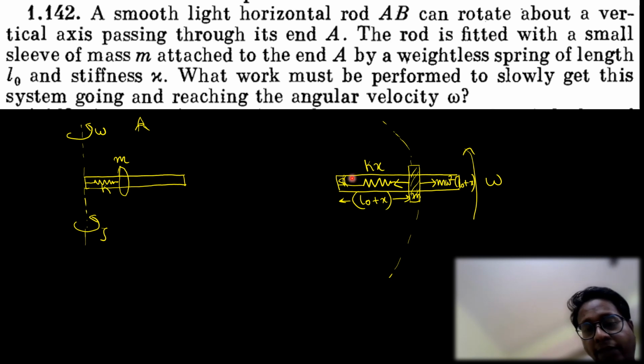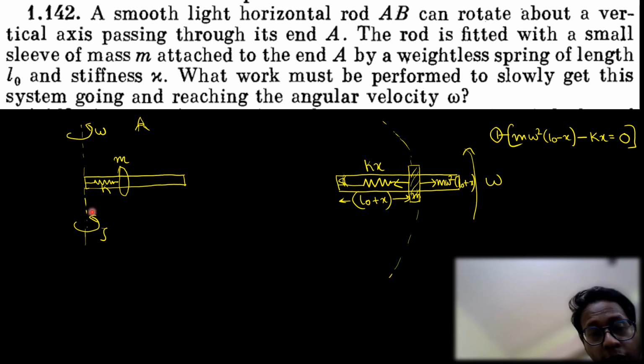Now if I balance the forces, m omega square (L naught plus x), the centrifugal force, minus kx, the spring force, is equal to 0, because from this frame of reference the ring is in equilibrium. Can I analyze for x? Of course. So x will have some certain value. This is equation number 1.